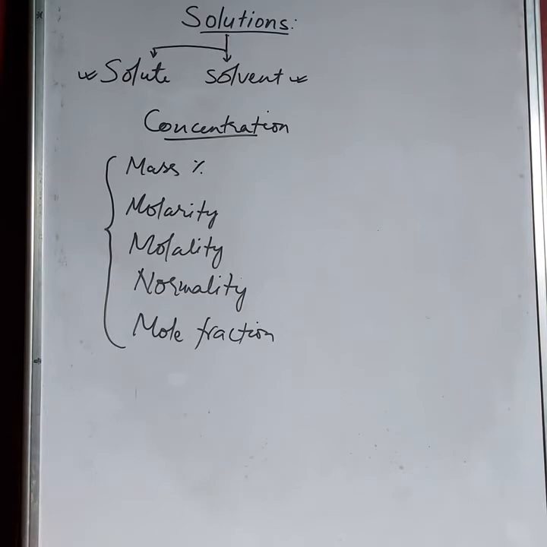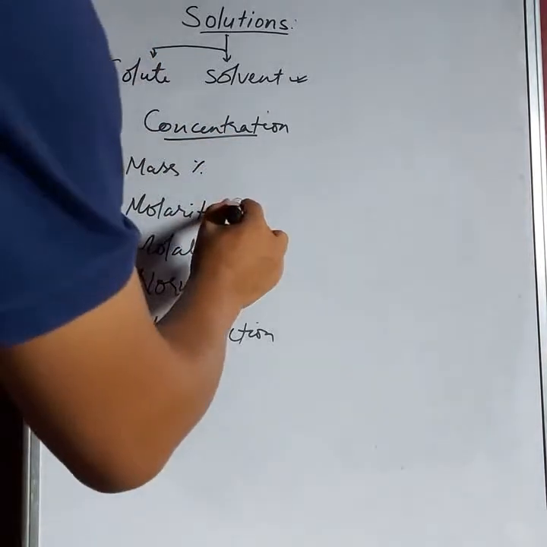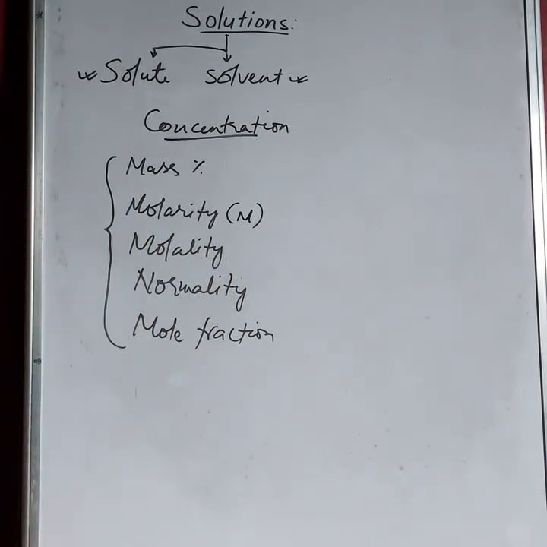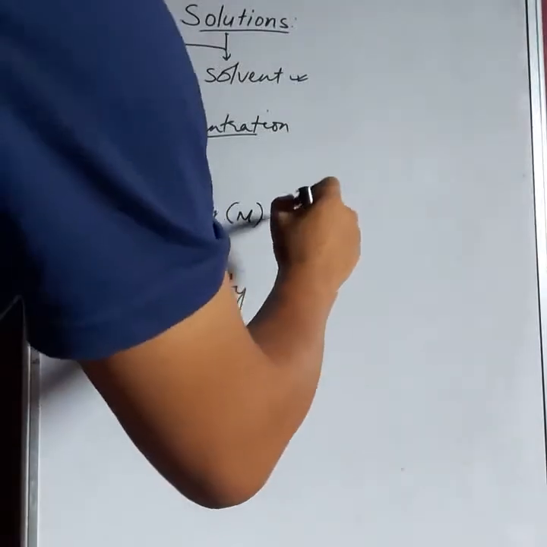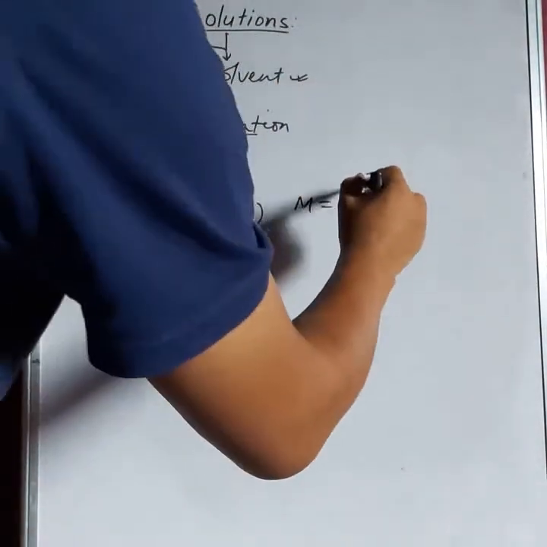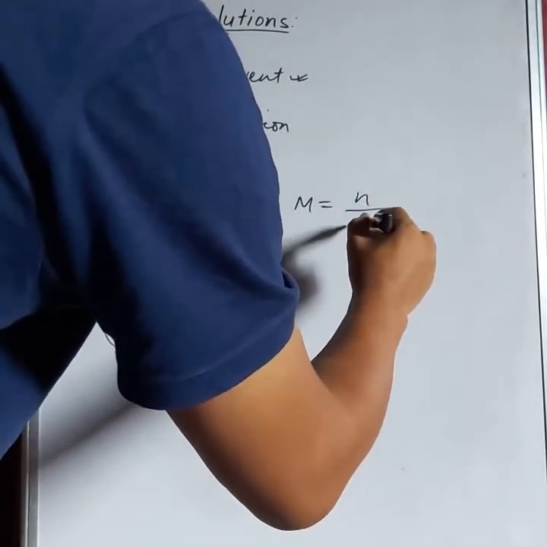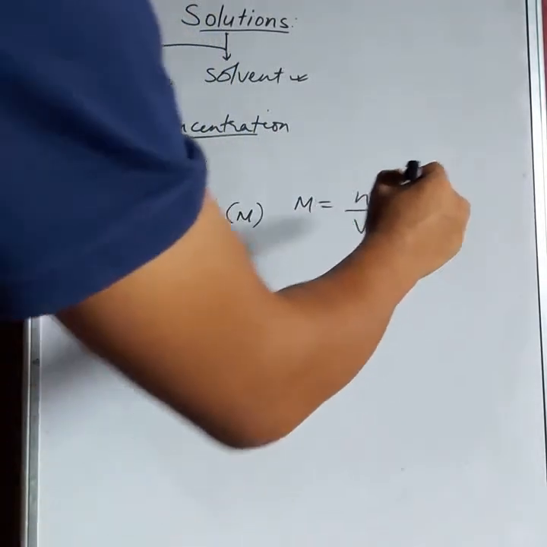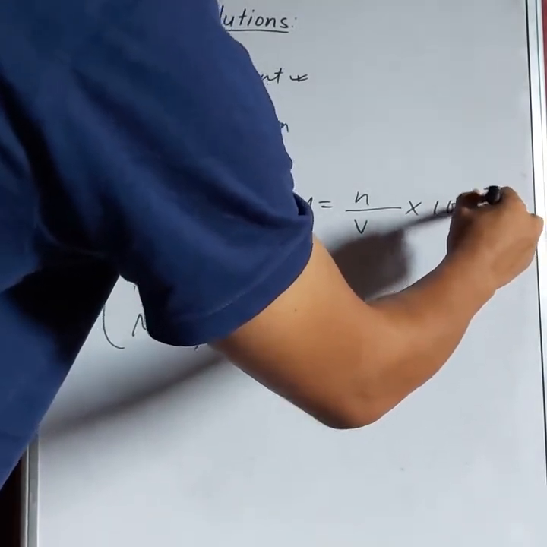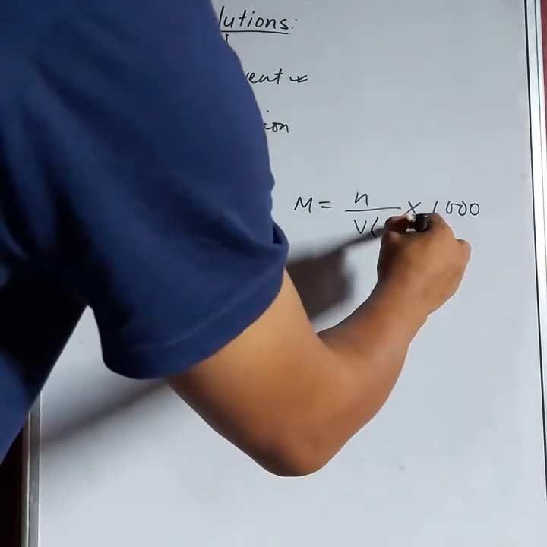Okay, now what is molarity? It's denoted by capital M. Molarity simply means number of moles of solute per liters of solution. So if we say M molarity, then we can calculate it by the number of moles per volume of the solution into 1000, with volume in ml.